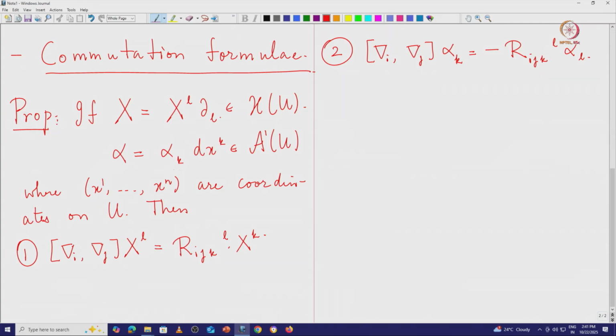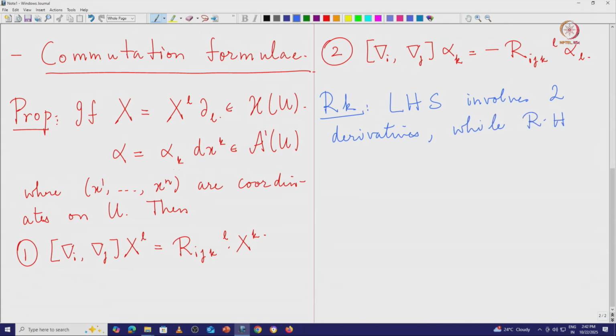Okay. So one thing to note, let me write that as a remark, that the LHS in both the cases involves two derivatives, while the RHS is a 0th order term, that is, it involves no derivatives.